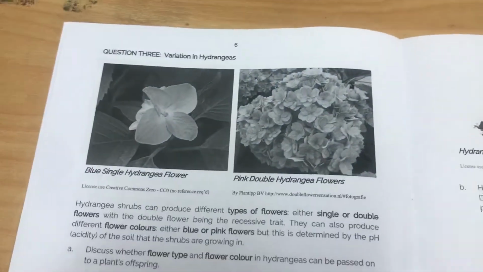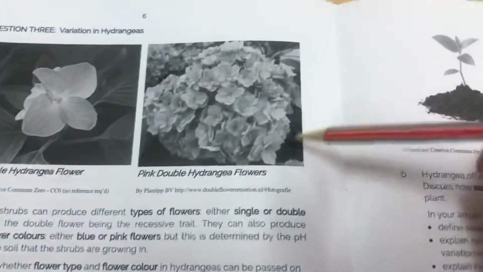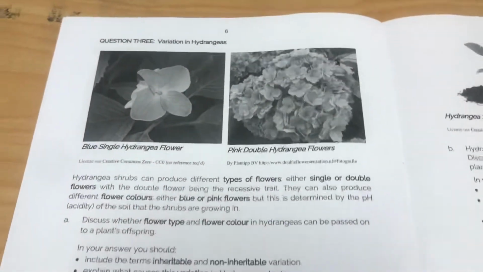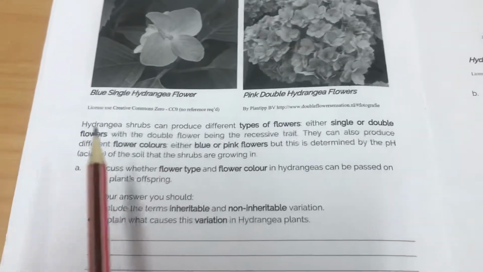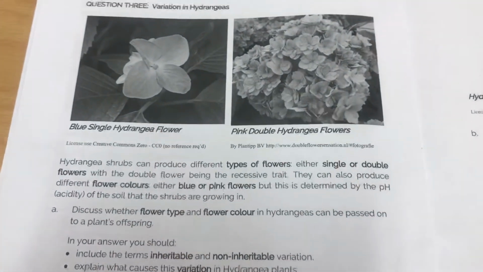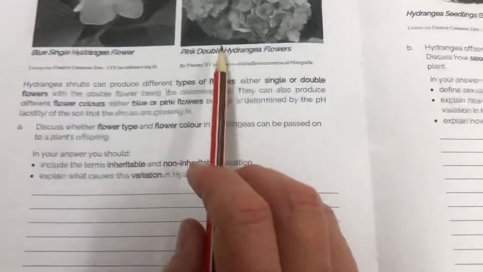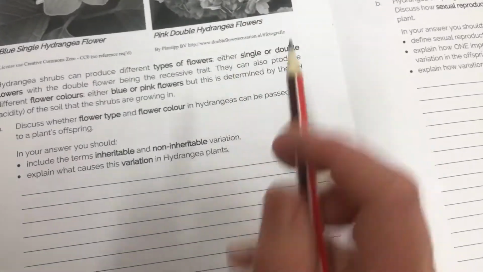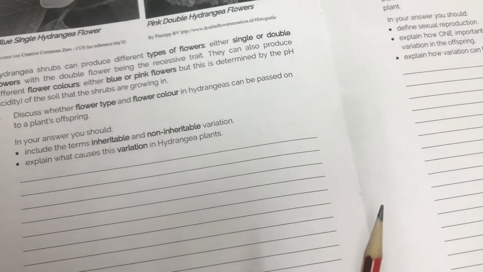But when you see them around, they're kind of a nice big round bunch of flowers, often white, but sometimes blue or purple. And the context here is that there's two different kinds of variation. So we're looking at the colour of the flower, but also the fact that they can be single or double flowers.